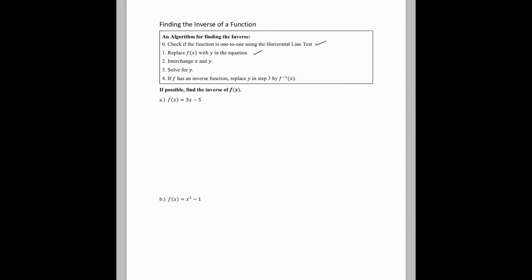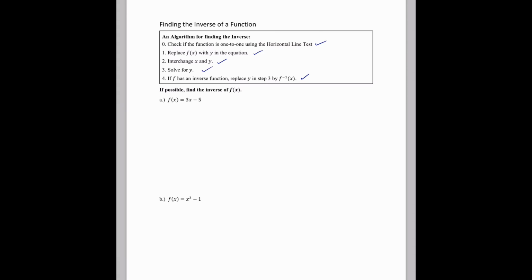And then you swap x and y. You replace all your x's with y's and all your y's with x's. Go through and resolve for y. And if it has that inverse function, then you just swap out where you wrote y with the f inverse of x, like that.